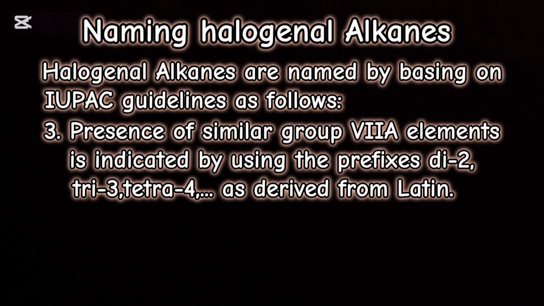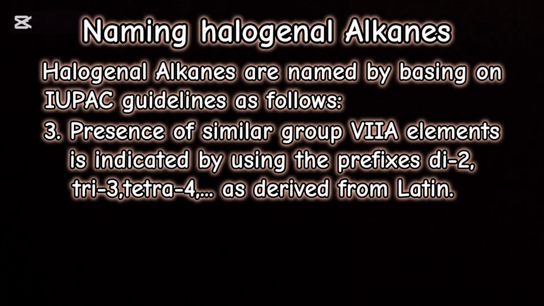Guideline number 3 mandates that in case there are more than one similar group 7A elements on the carbon chain, then such a similarity is indicated by using prefixes: di for 2 similar group 7A elements, tri for 3, tetra for 4, and so on, as derived from Latin.